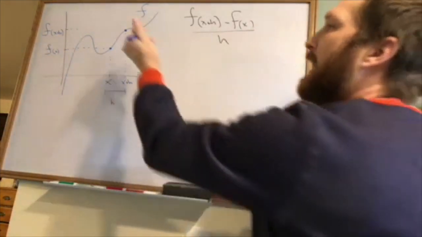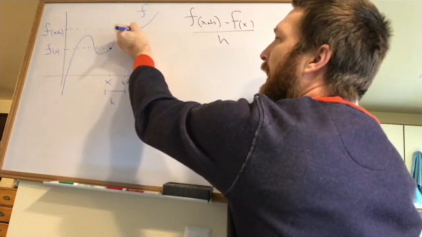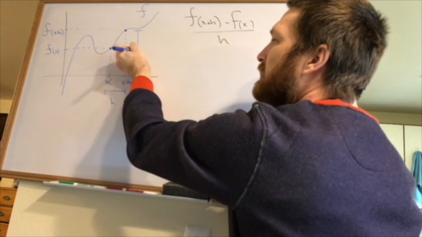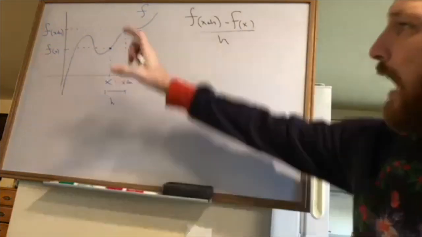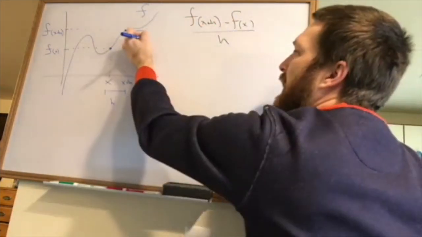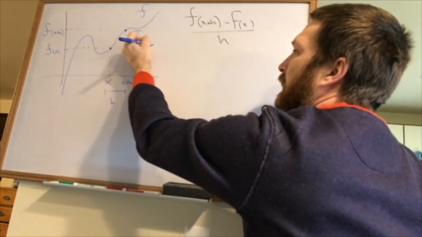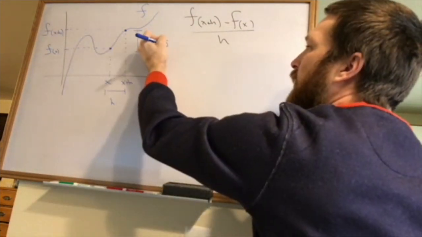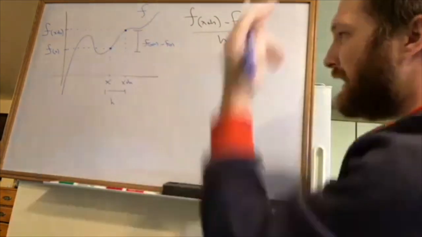And so we can estimate the slope by saying, well, it's the rise over the run. The rise is the difference between f of x plus h, whatever that output is, minus whatever that output is right there, f of x. That's the rise.